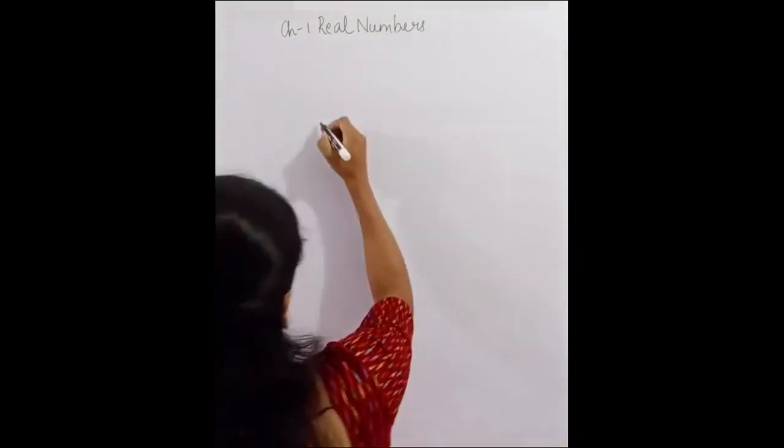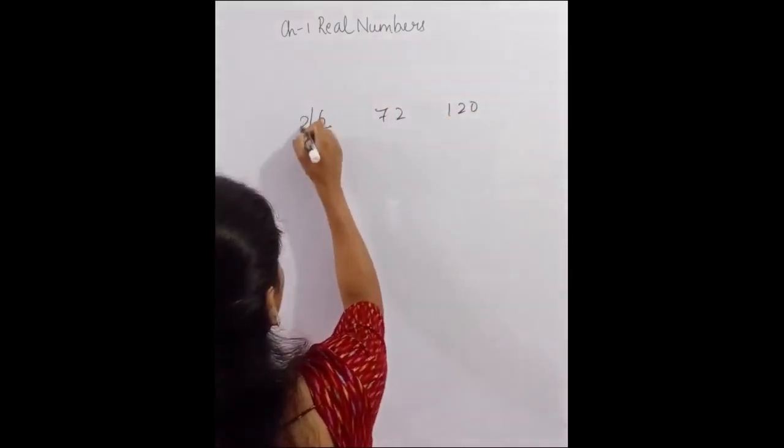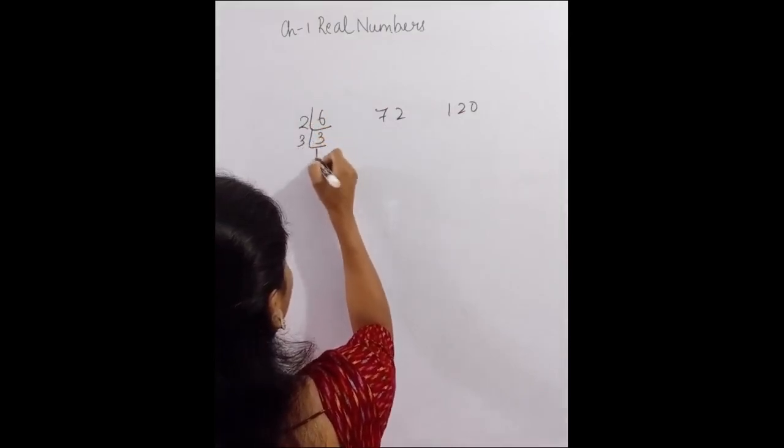Let us solve example number 4. Find the HCF and LCM of 6, 72 and 120 by prime factorization method. So 6, 72, 120. 6 is 2 times 3 and 3 times 1.